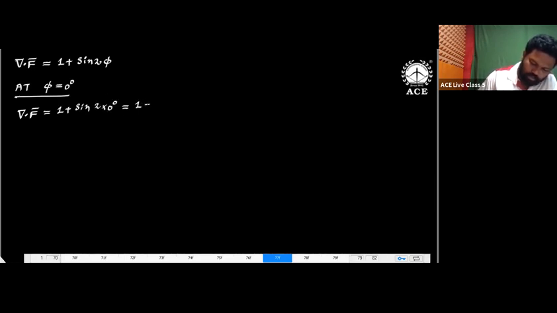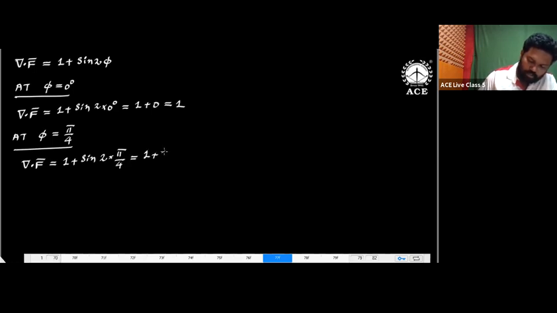It is 1 plus 0, which is equal to 1. At phi is equal to pi by 4, divergence of F is equal to 1 plus sine of 2 into pi by 4, which is 1 plus 1, which is equal to 2.